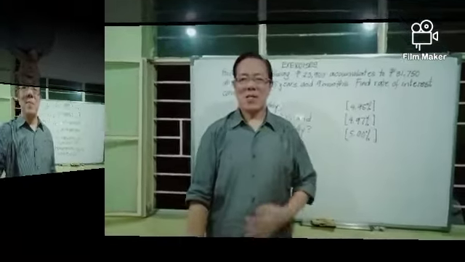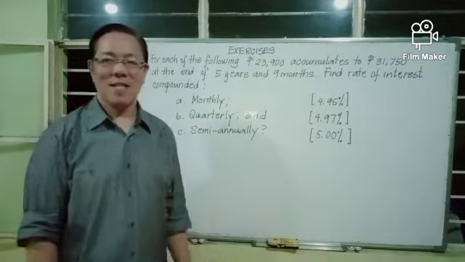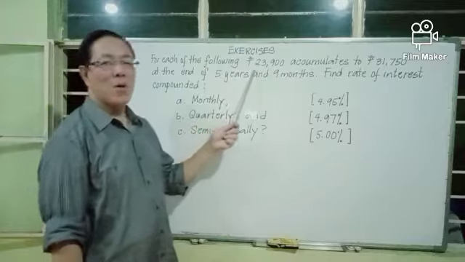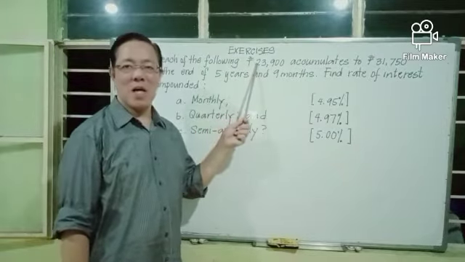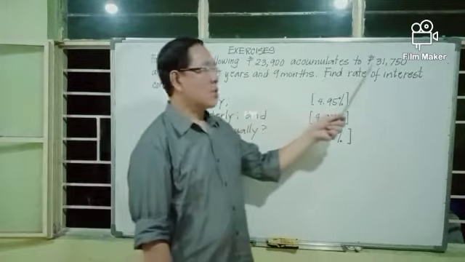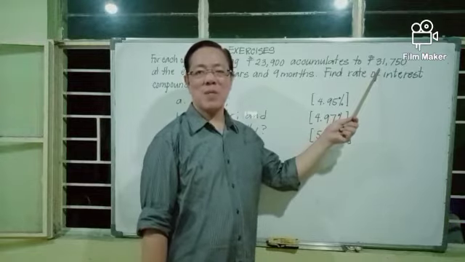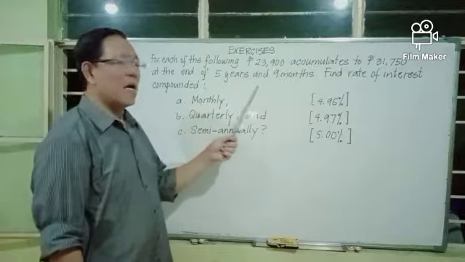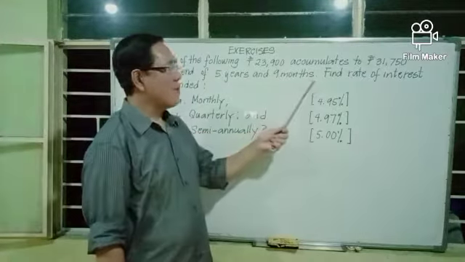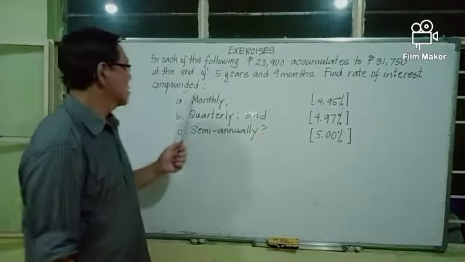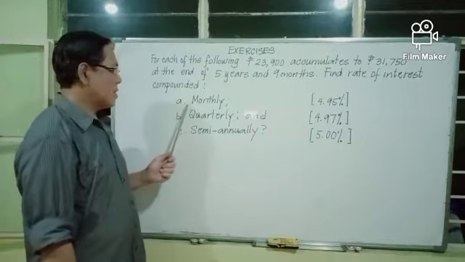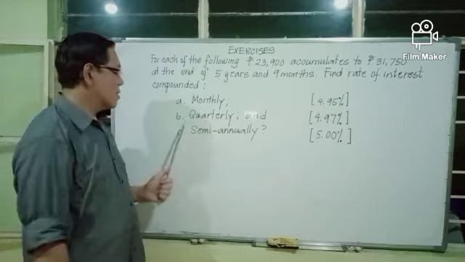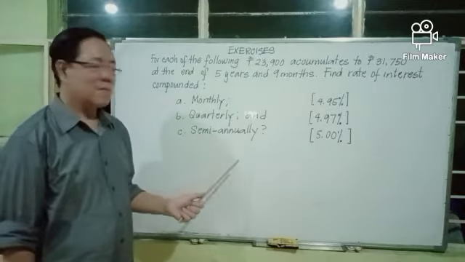For your practice, please try the following exercises. For each of the following, 23,900 pesos accumulates to 31,750 pesos at the end of 5 years and 9 months. Find the rate of interest compounded A, monthly, B, quarterly, and C, semi-annually.